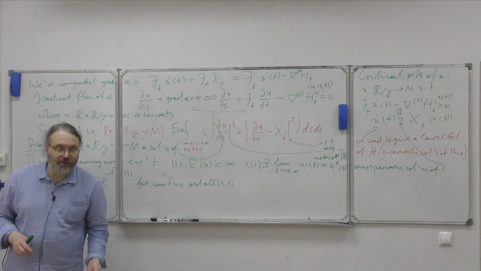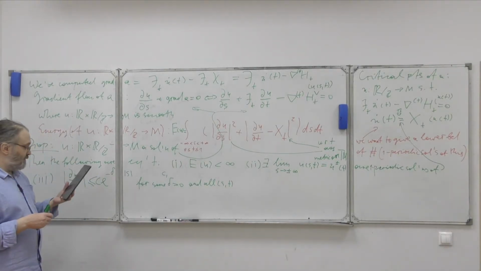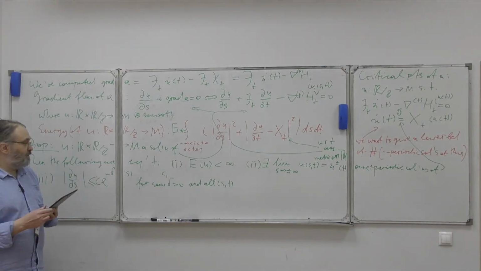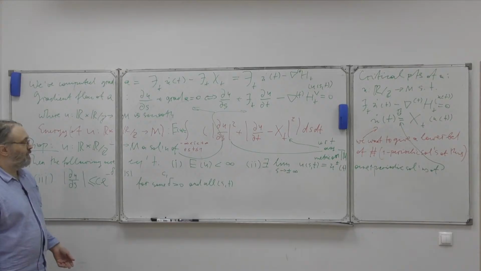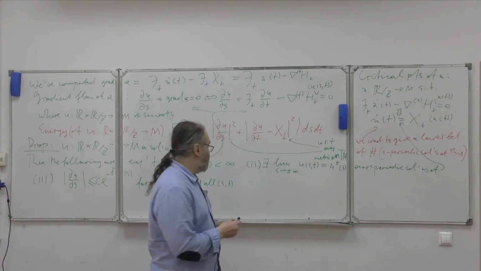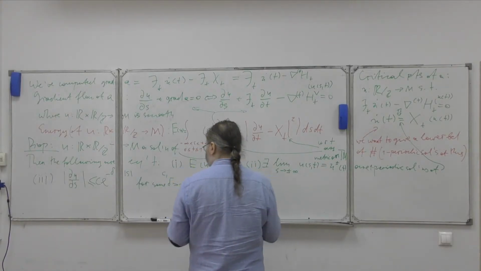Okay, now, there are three implications. Salomon says that 3 implies 1 is obvious.